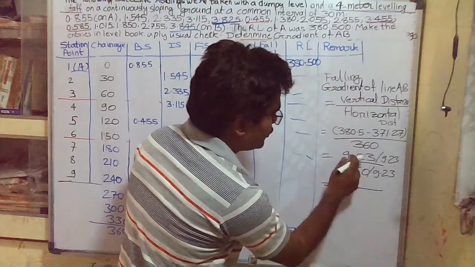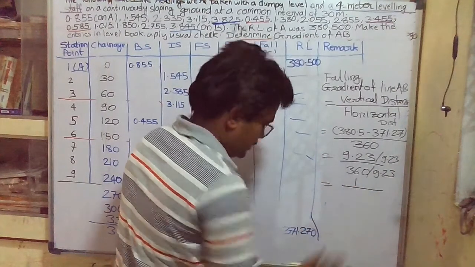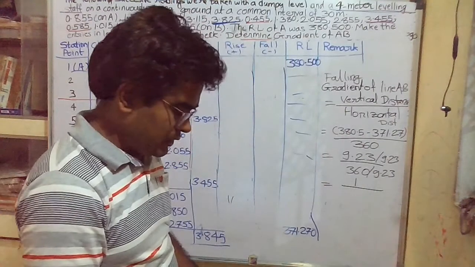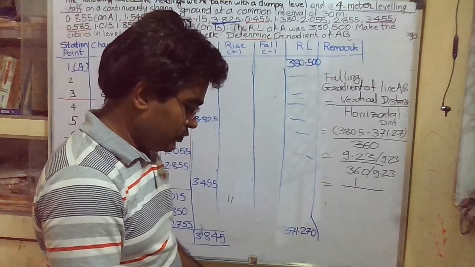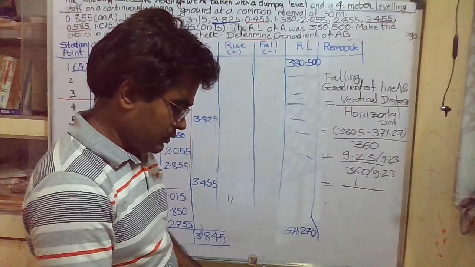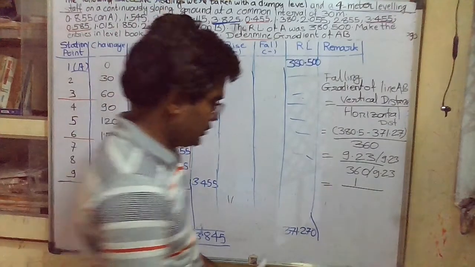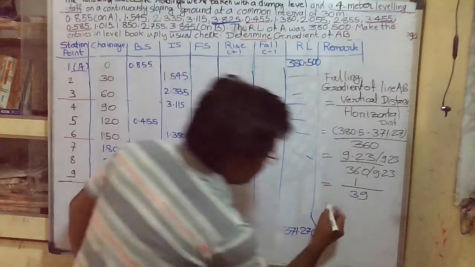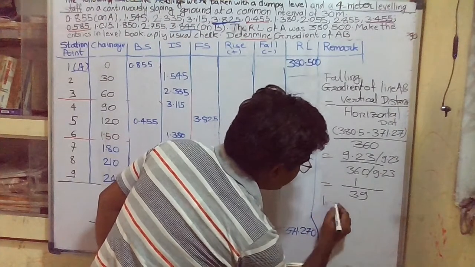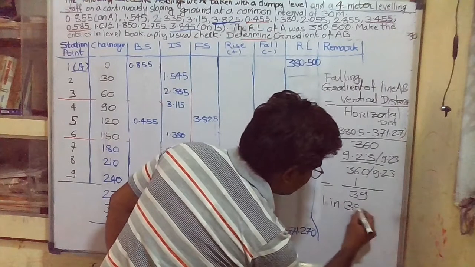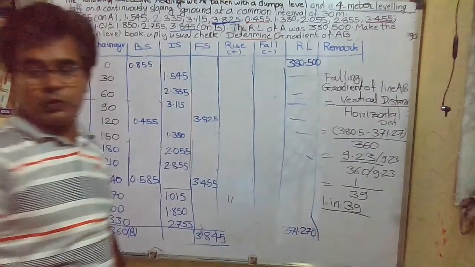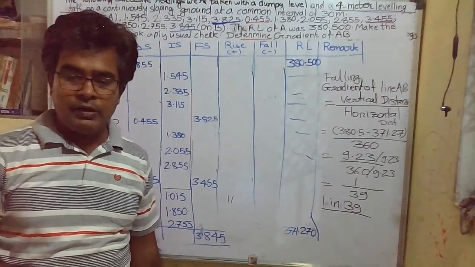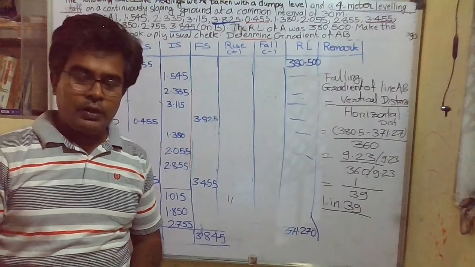So we get 9.23 by 9.23 is 1, and 360 divided by 9.23 is 39. So what is our gradient? Our gradient AB is 1 in 39, that is 1 vertical to 39 horizontal. That is our gradient. Okay, got it?